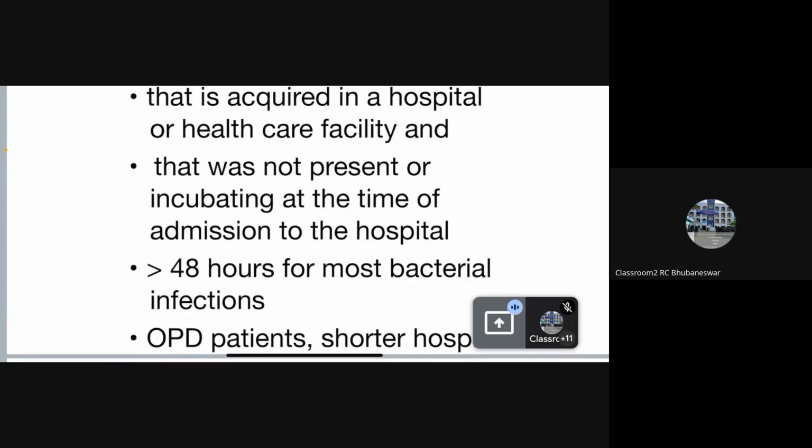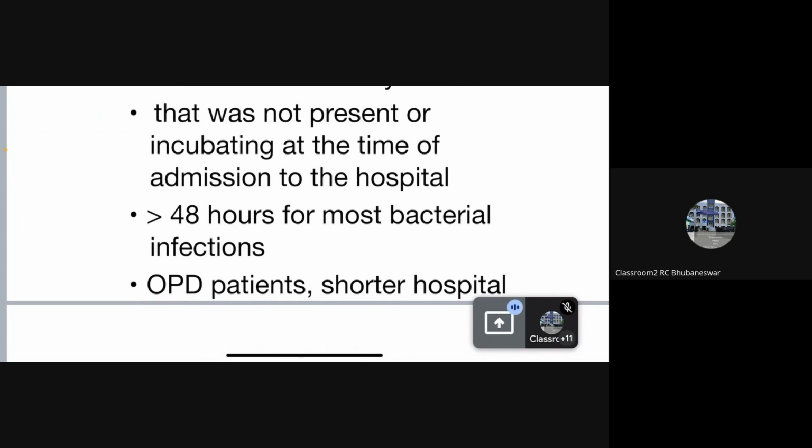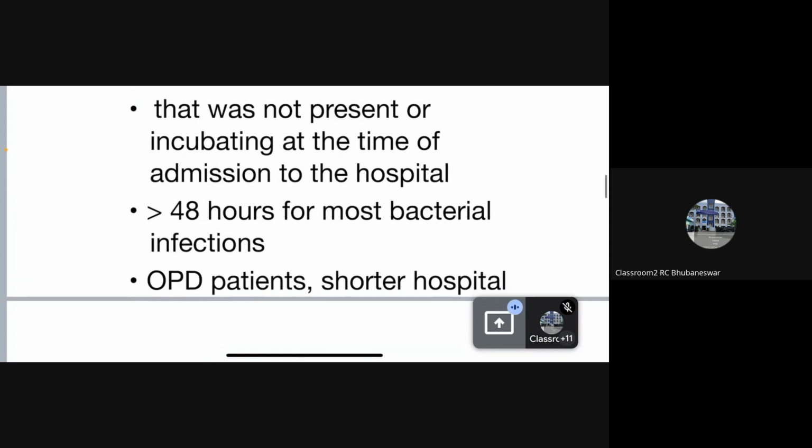Sometimes we need to ask this history, particularly we need to check that at least 48 hours have been spent in the hospital before making it as NCI. And if it is an OPD patient, then it is shorter hospital time.